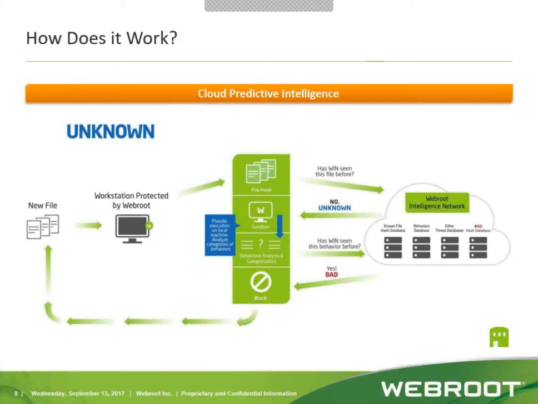But also, if we still don't know and Bright Cloud doesn't have any information on whether the file is good or bad, Webroot will allow the file to start, but it will register it using a journaling mechanism.